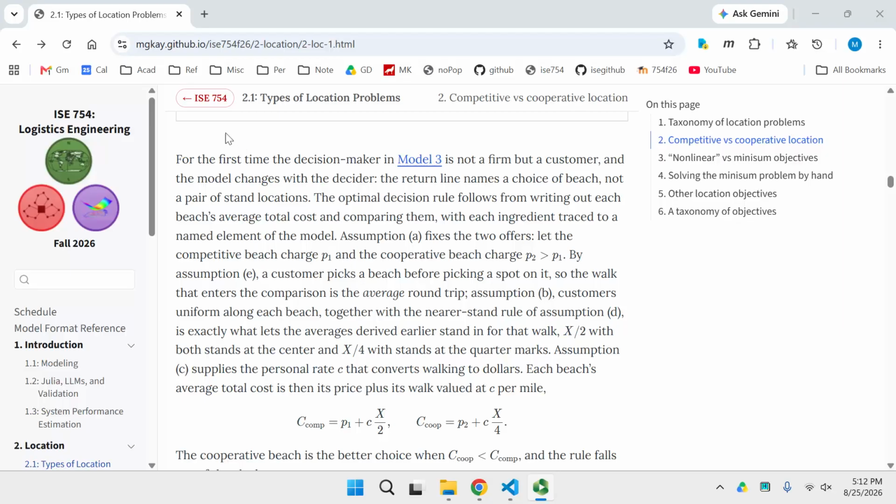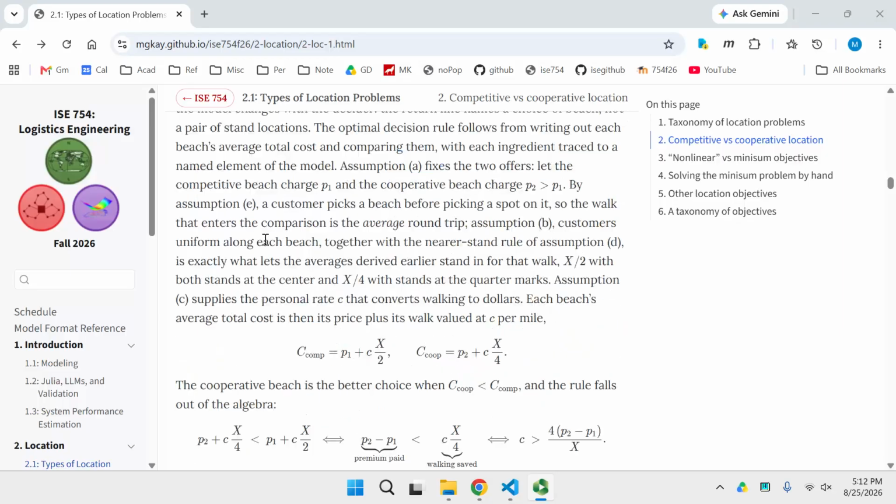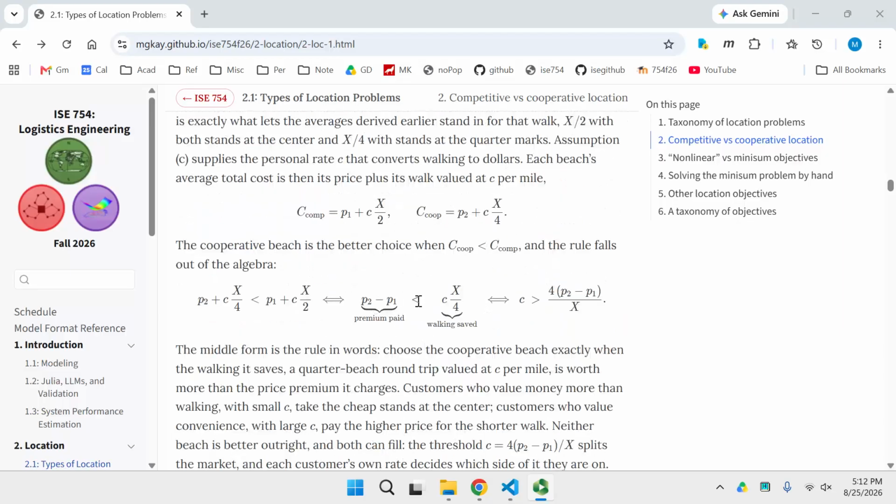So for this problem, we can actually model it, and it turns out that depending on the walking cost C relative to the price of the hot dog P2 at the cooperative beach versus the price at the competitive beach, which is P1, based on these three values, we can basically formulate this as a decision problem.